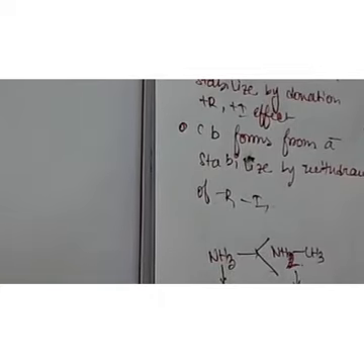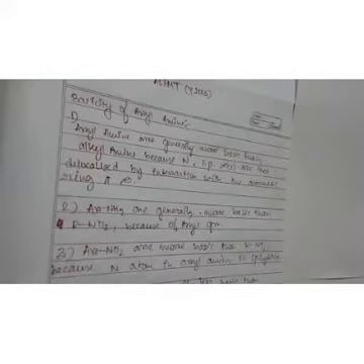Now, one example, an AIPMT 2016 question: basicity of aryl amines. Option 1, aryl amines are generally more basic than alkyl amines because the nitrogen lone pair electrons are not delocalized by interaction with the aromatic ring pi electrons. Option 2, aryl amines are generally more basic than alkyl amines because of the aryl group.